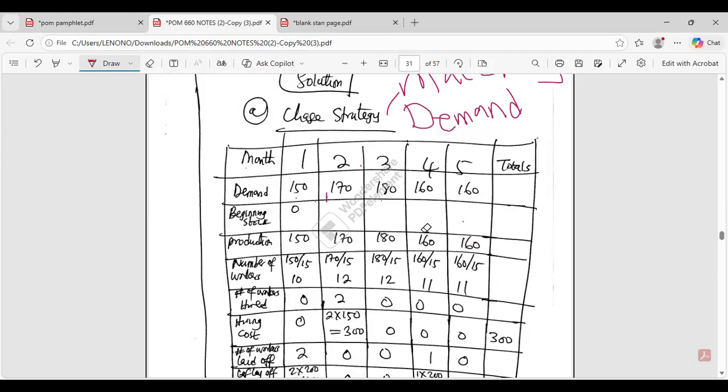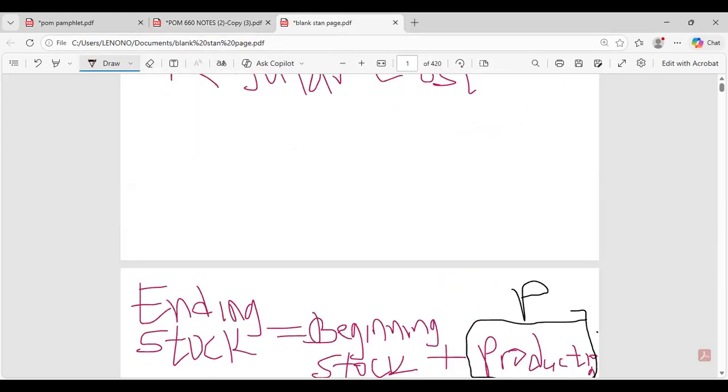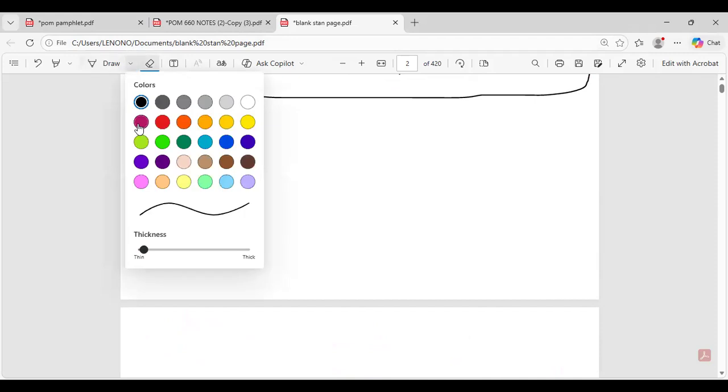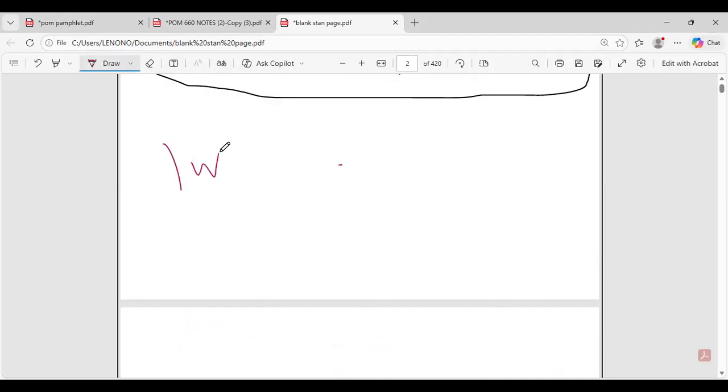Now, one person is producing, for example, it's simple arithmetic here. One worker is able to produce how many units? 15. Okay? So one worker is able to produce 15 units.